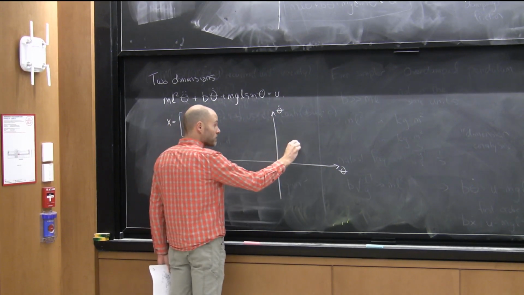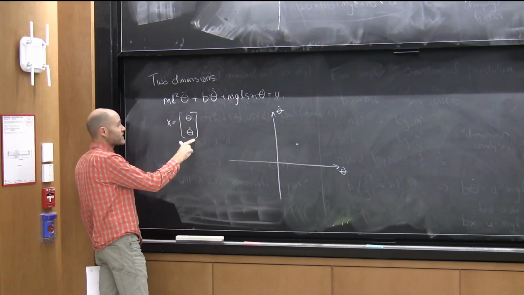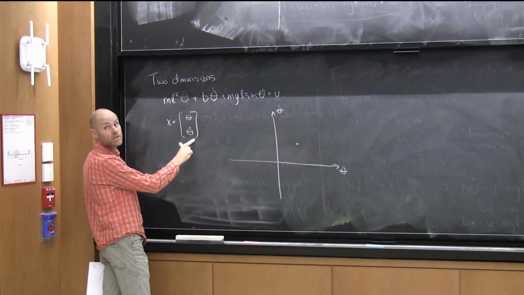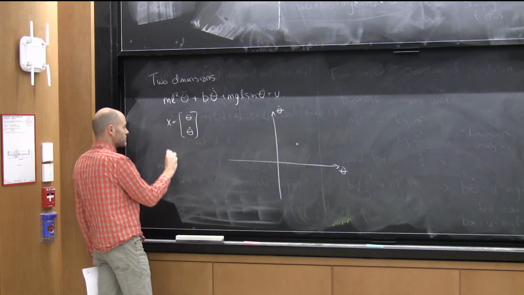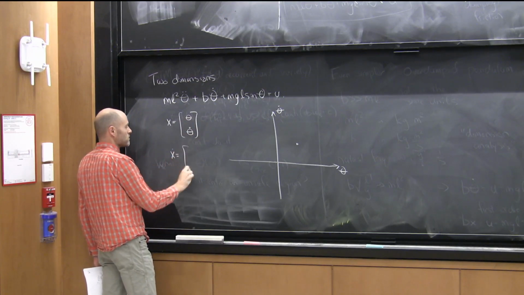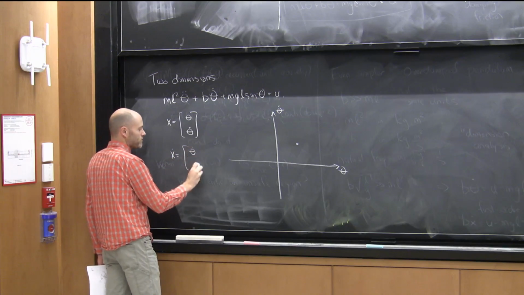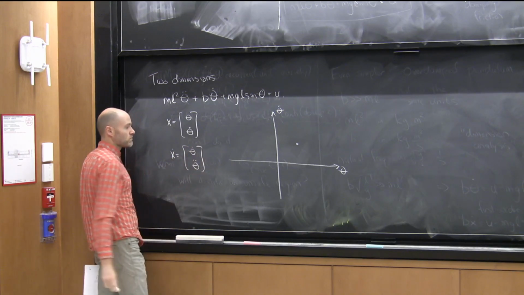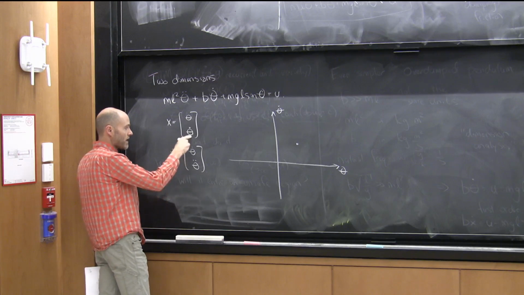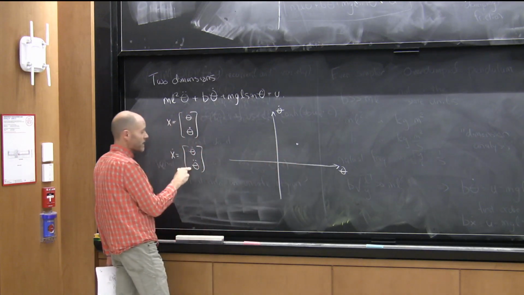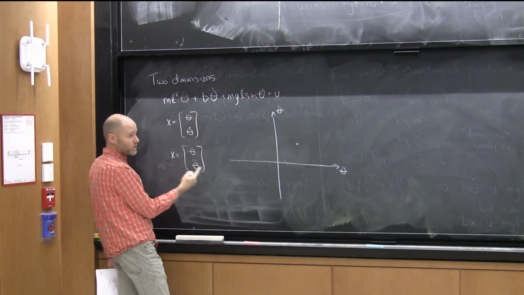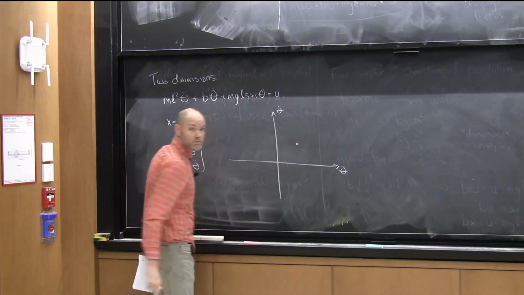At every point, I'd like to draw a vector which corresponds to the derivative of this, right? So at every xy position here, I've got two numbers I want to plot, so I'm going to draw it as a vector. Okay?